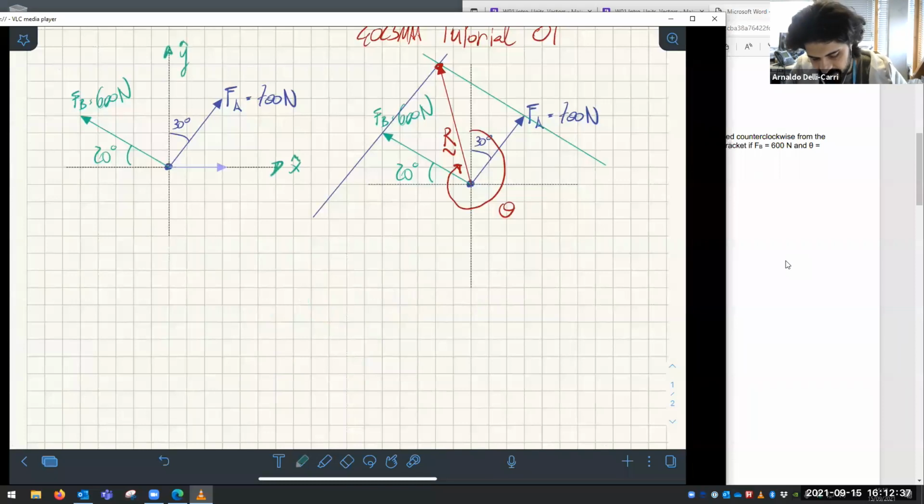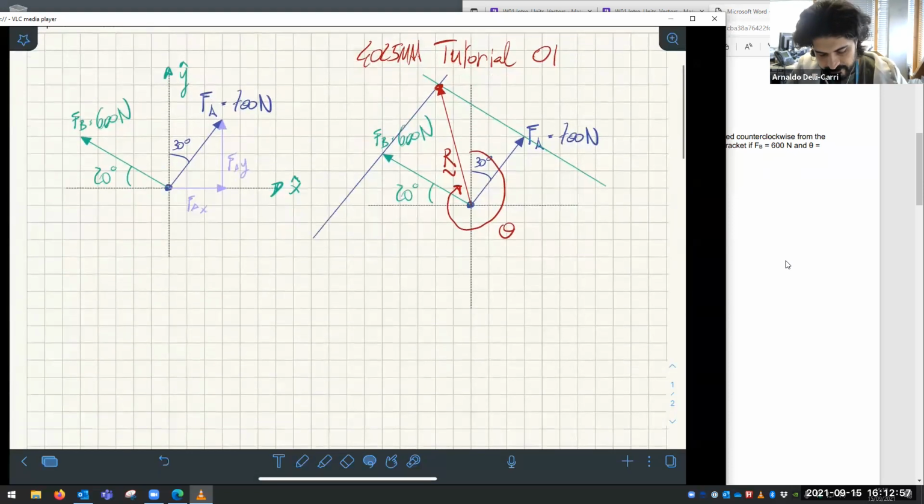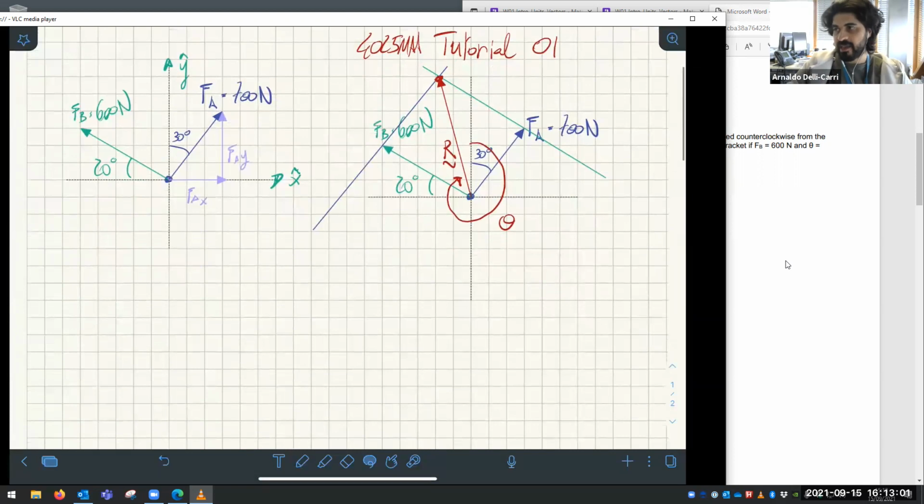So FA has got a component FAX along the x-axis and a component FAY along the y-axis. Okay. And now I'm asking you, how do I find FAX and how do I find FAY?